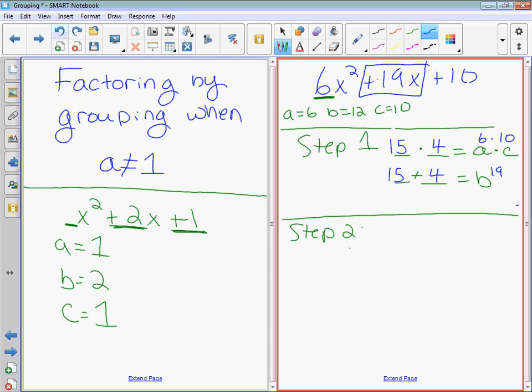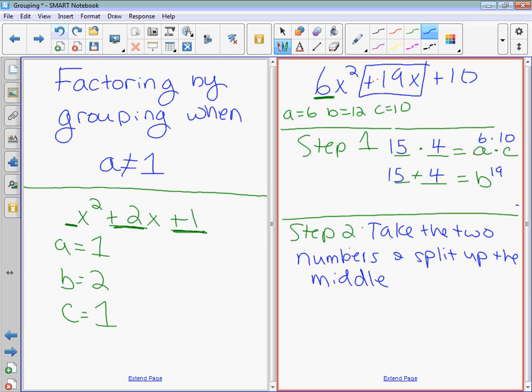So what you do is you take those two numbers and split up the middle term. So we're going to have 6x squared, and we are going to split the 19 into plus 15x plus 4x plus 10.